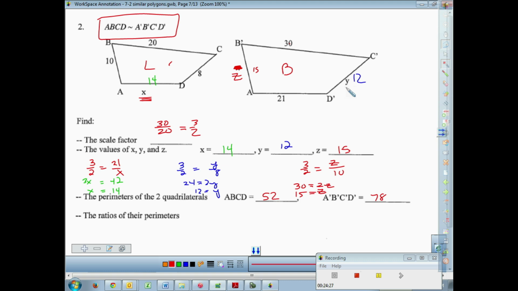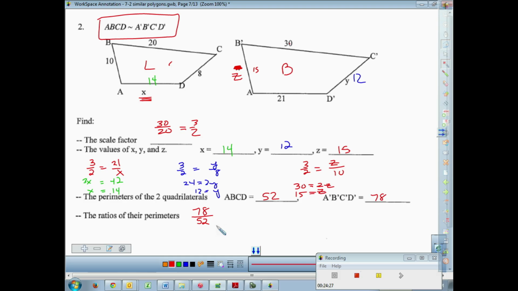So find the ratio of their perimeters. Should we put it as 52 over 78 or 78 over 52? Big over little, right? 78 over 52. Do you think that reduces? Yeah, they're both even, so we could reduce it by 2. I'll save you a lot of time. 26 goes into each one of those, right?